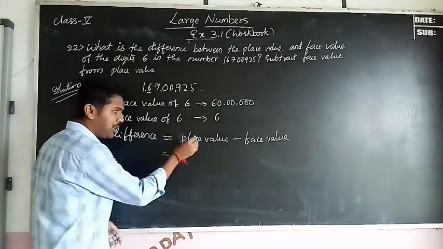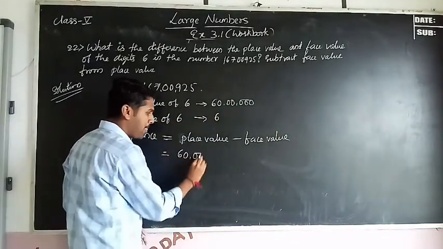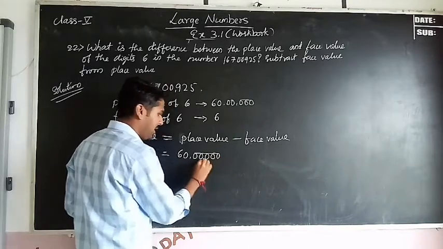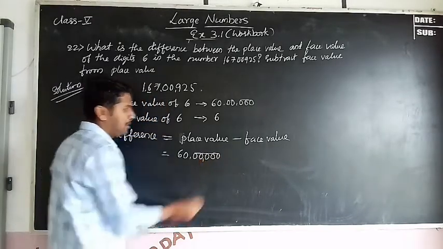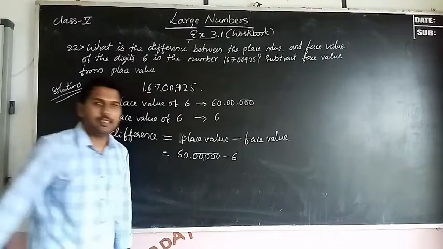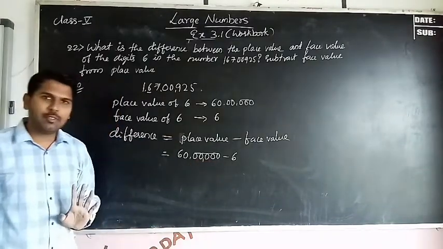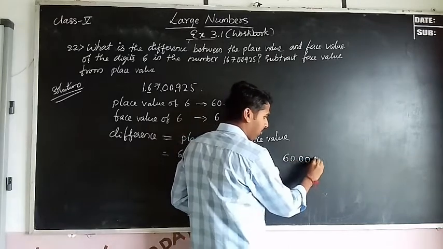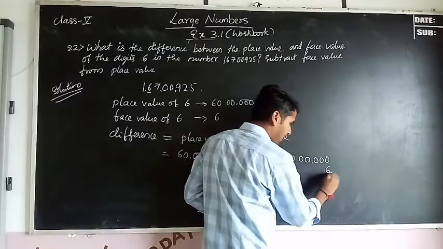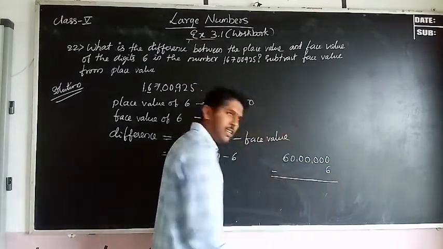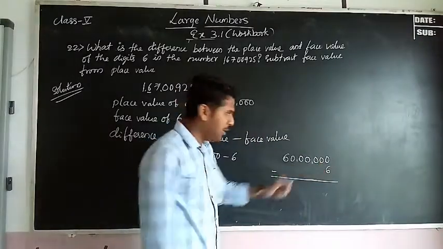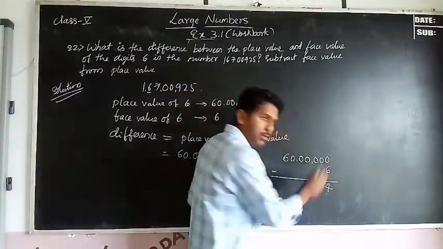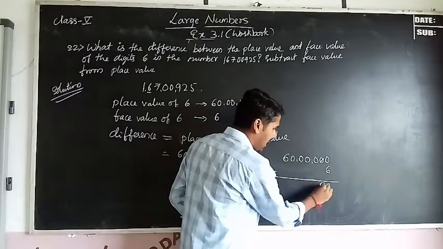So what is the place value? 60 lakh. 60 lakh minus 6. So subtract it. What will be the answer? So subtract here 60 lakh minus 6. So here 0 is there, 10, no? 10 minus 6, 4. So 1 cancel, 9.